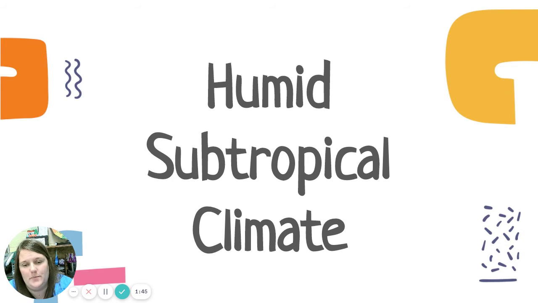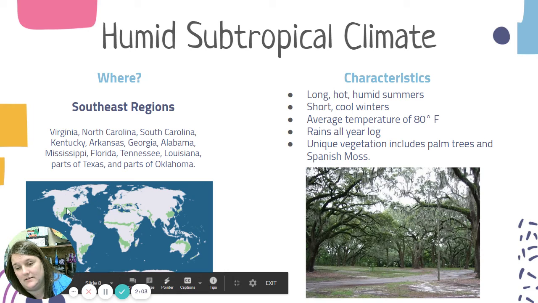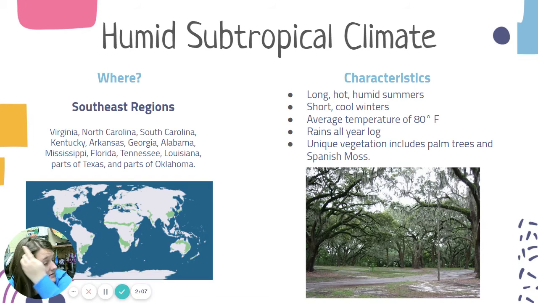We'll also have something called a humid subtropical climate, which is not something we talked about. We talked about the tropics, but you can guess here that it's going to be a mixture between the humid continental and the tropical regions that we talked about. We're going to find this a lot in the southeast region of the United States. You can see this green marker right here. Look at all those states. It's really our southern, some of our southwestern states.